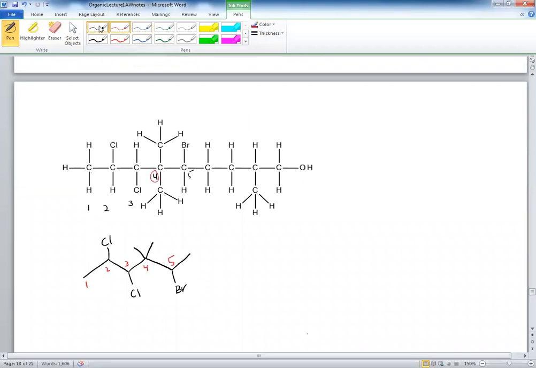And then the 6th carbon. There's only H's attached to it, so we don't show anything else. 7th carbon, nothing on it either. So let me keep up with the numbers here so you can see them.